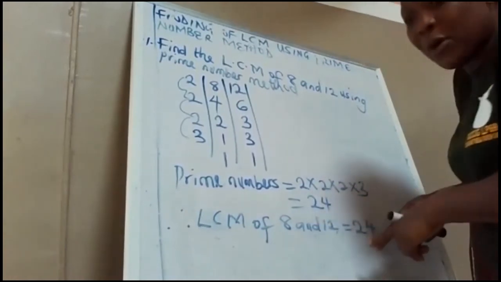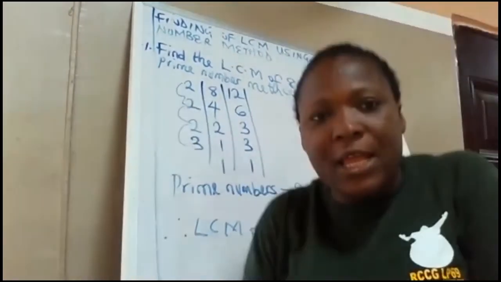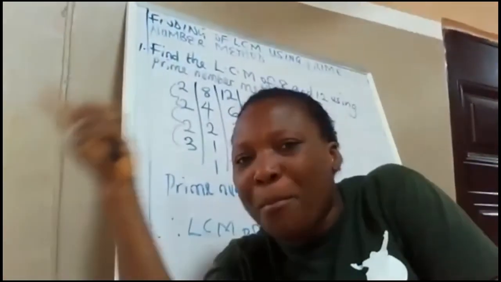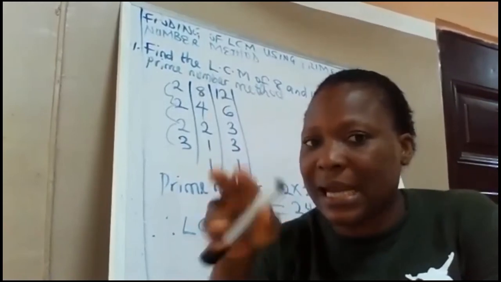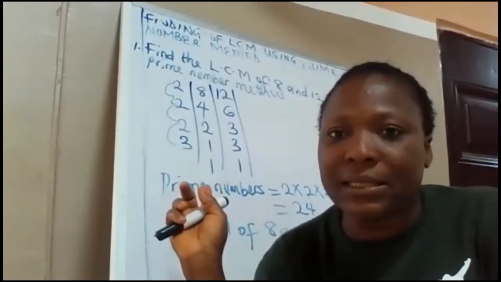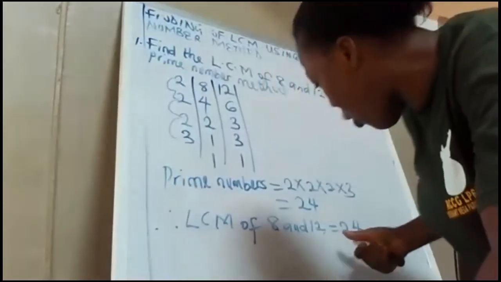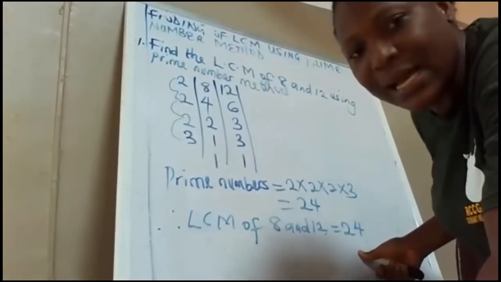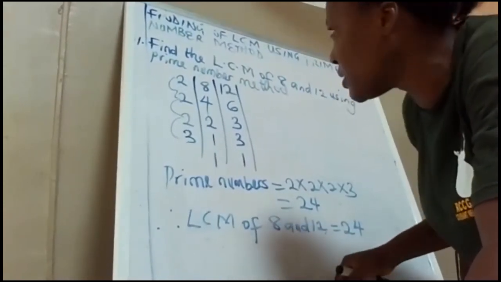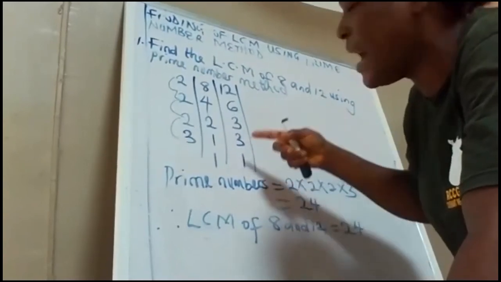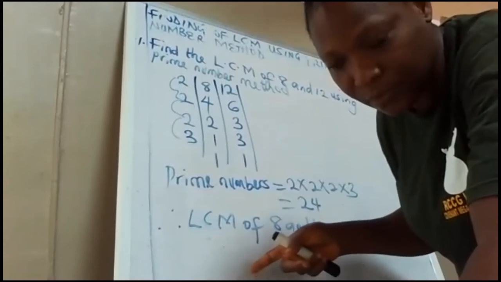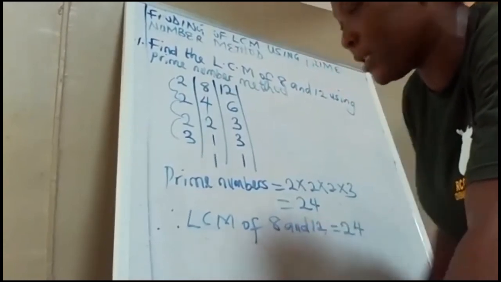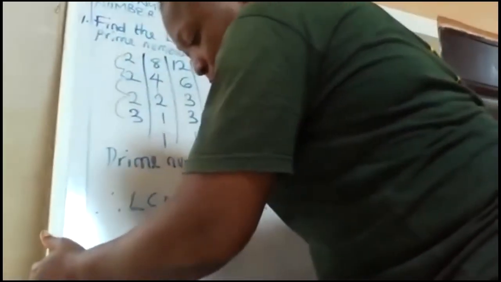I've said a common multiple is a number that all the given numbers can divide. 8 and 12 can divide this, our common multiple here. So that is why it's the least common multiple using the prime number method.